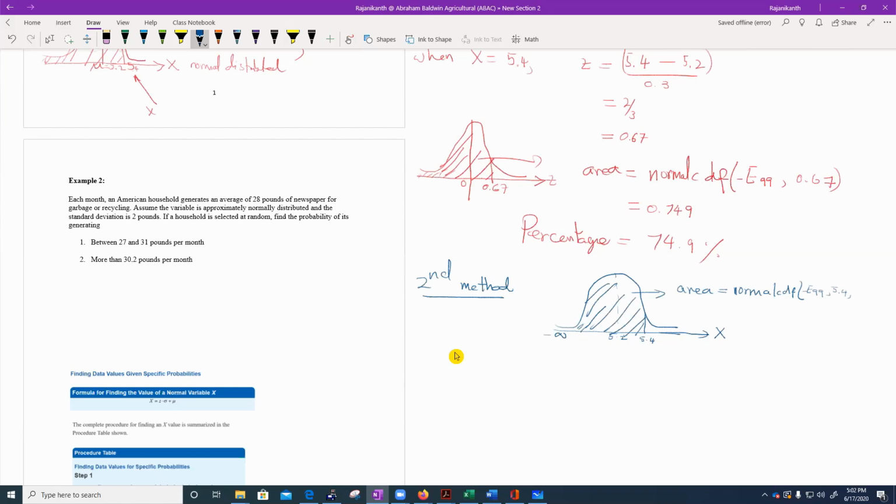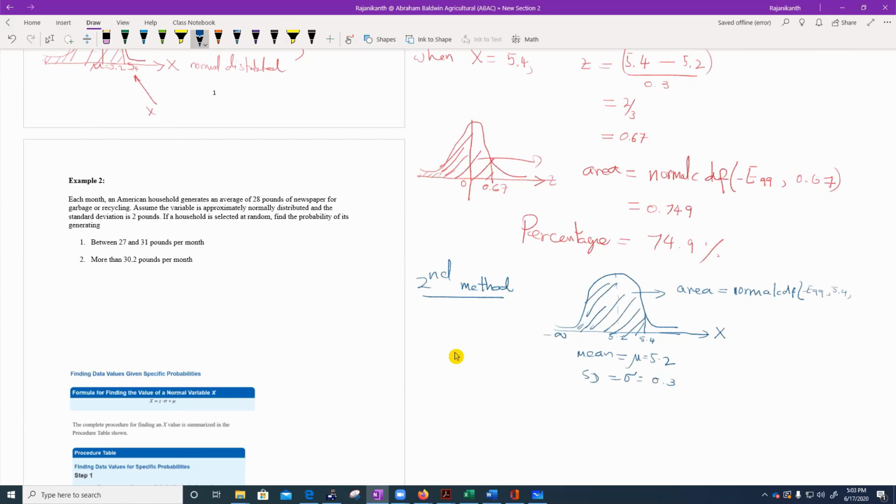If you do not type mu and standard deviation, the calculator's default values are 0 and 1, so it will always consider it standard normal. But remember, now I don't have standard normal. Now I have a normal distribution, right? Therefore, I had a mean mu of 5.2, and the standard deviation, little sigma, was 0.3 for this problem.